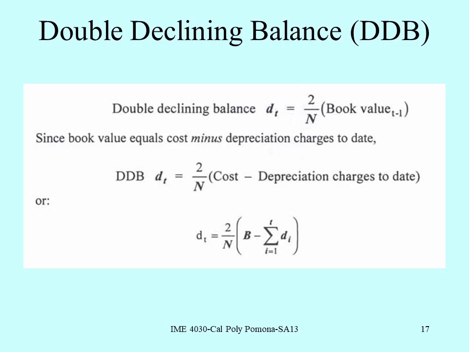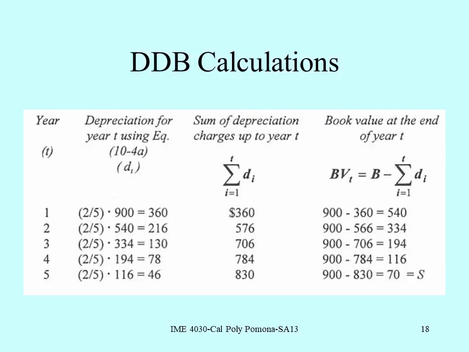Let's go to slide number 18, and you'll see that we start out with 2/5 of 900 gives us $360 depreciation. Well, that's more than the 277 we had with SOYD depreciation, and it's a lot more than the 166 we had with the straight line. So we get 360 the first year.